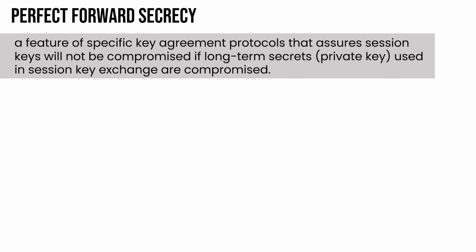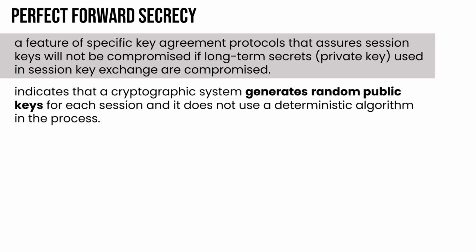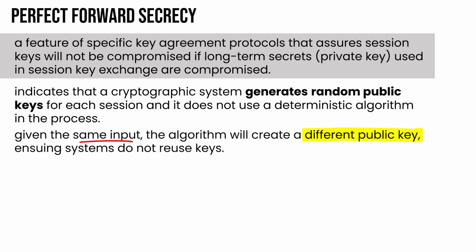So perfect forward secrecy. This is a feature of specific key agreement protocols that assures session keys will not be compromised if long-term secrets, think private key, used in session key exchange are compromised later. It indicates that a cryptographic system generates random public keys for each session, and it does not use a deterministic algorithm in the process. So given the same input, the algorithm will create a different public key, ensuring systems do not reuse keys.